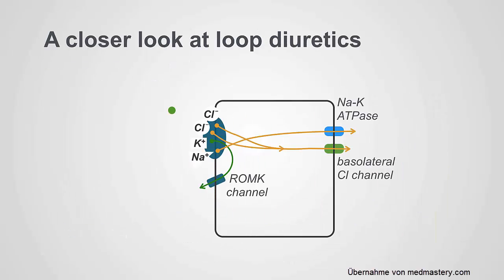Let's take a look at how the loop diuretics actually work at the thick ascending limb of the loop of Henle. Here the Lasix is a green dot, and it blocks the chloride slot. It fits into the chloride slot and shuts down the sodium-potassium 2-chloride transporter.